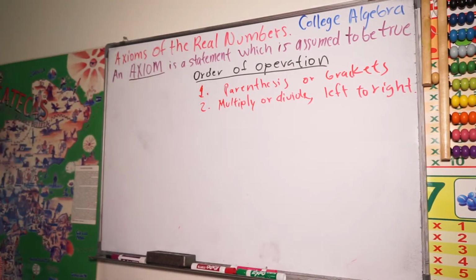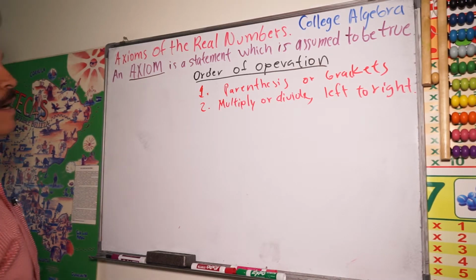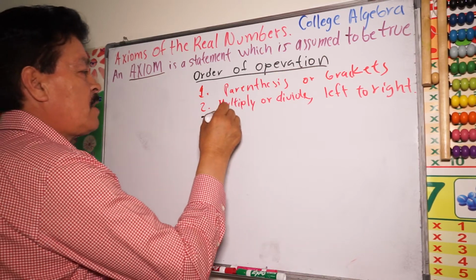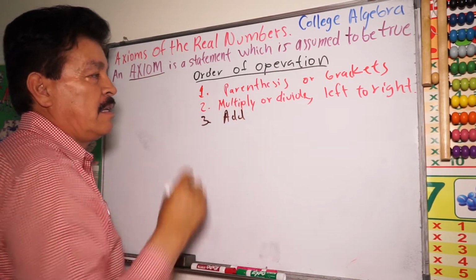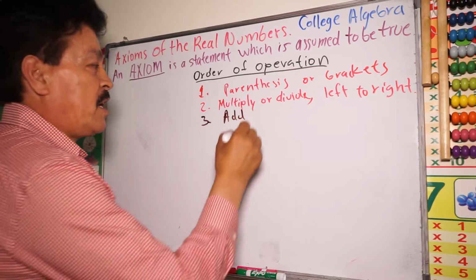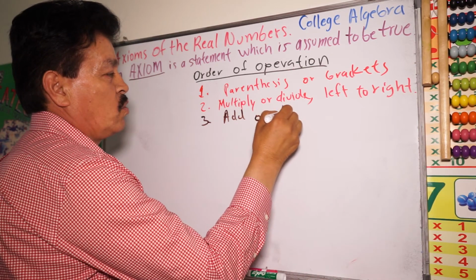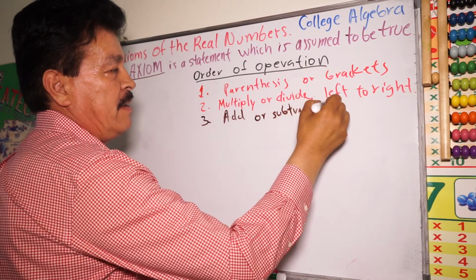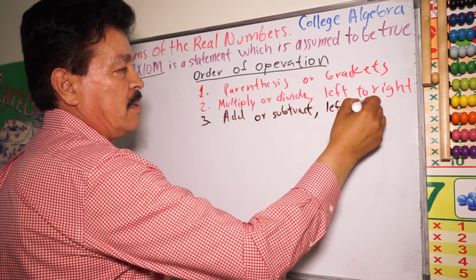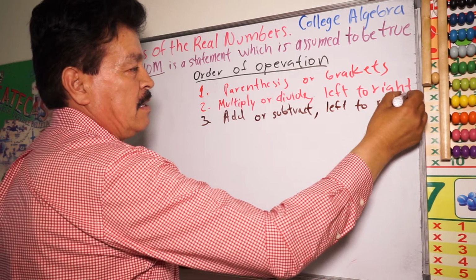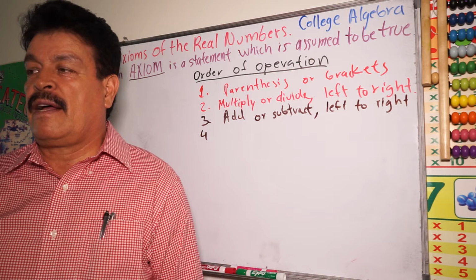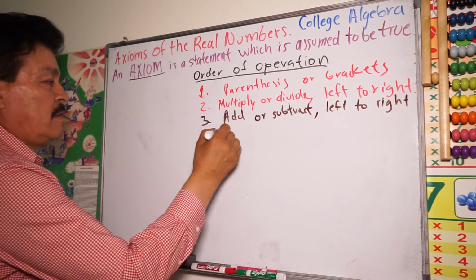Okay, left to right. The next step is add or subtract, left to right. Number four is the fraction bar.